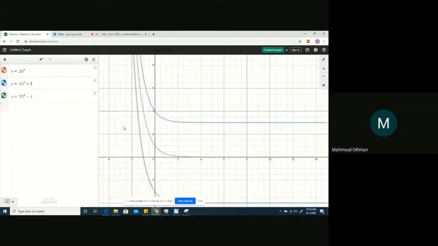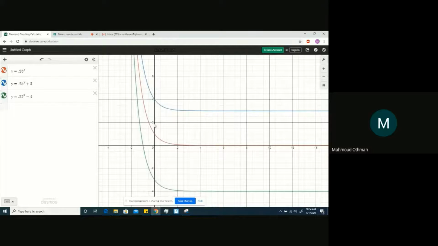Now compare our initial graph, our parent graph, (0, 1), with (0, -3). It's the same thing, except this graph, the minus 4, got shifted down 4. Let's test that out. Our parent graph has (-1, 4).